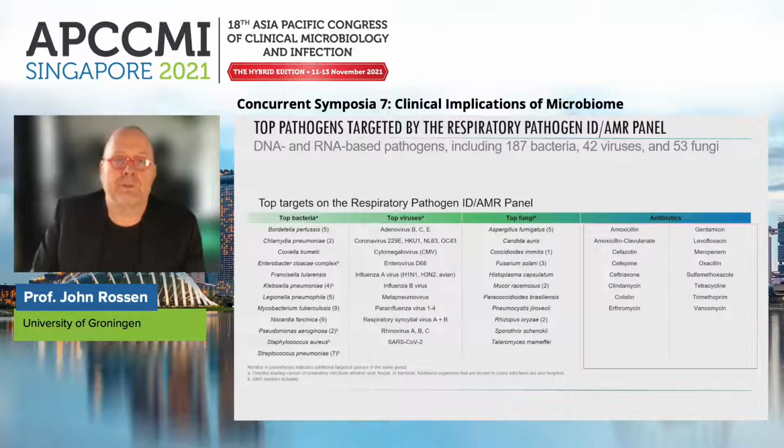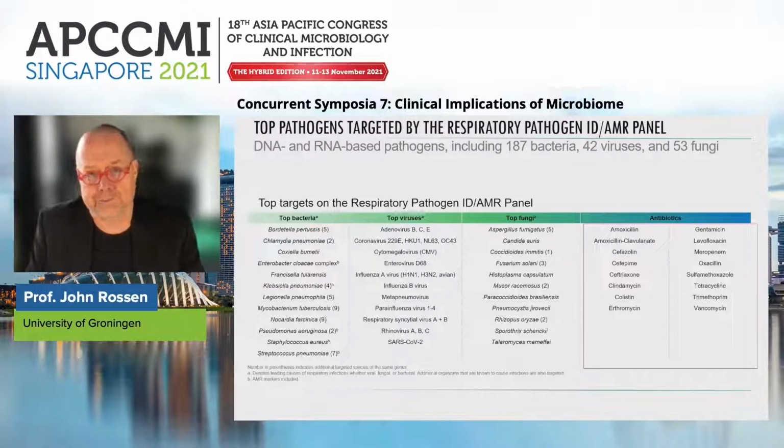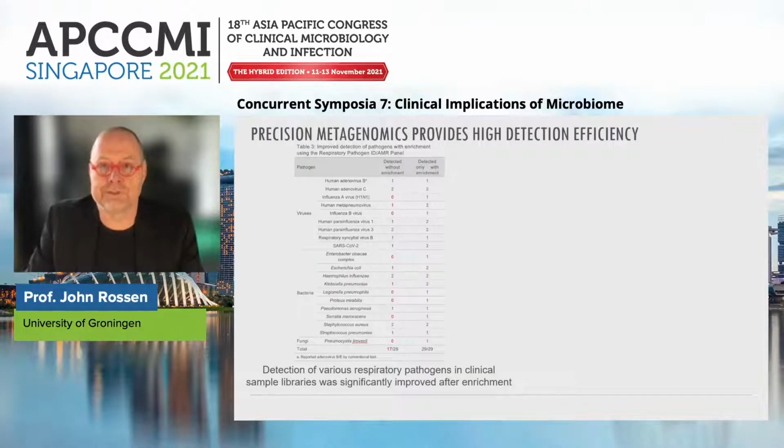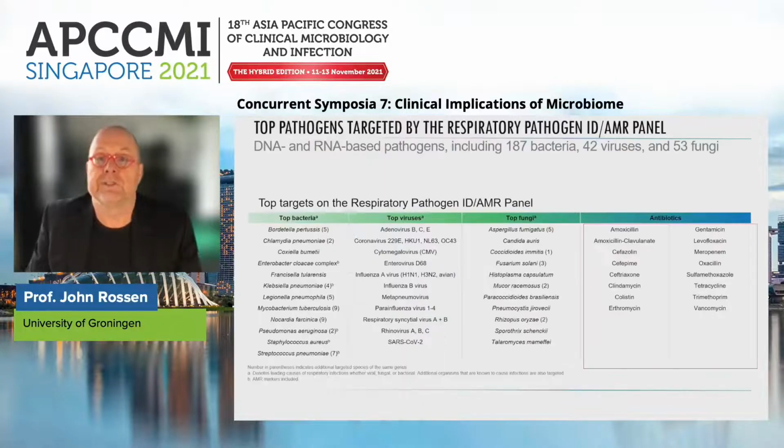Let me give you an example of a panel that is brought on the market by Illumina, co-designed by IDbyDNA. And this is a respiratory panel that identifies 187 bacteria, 42 viruses, and 53 fungi. And in addition, it also includes antimicrobial resistant genes, including the antiviral genes.